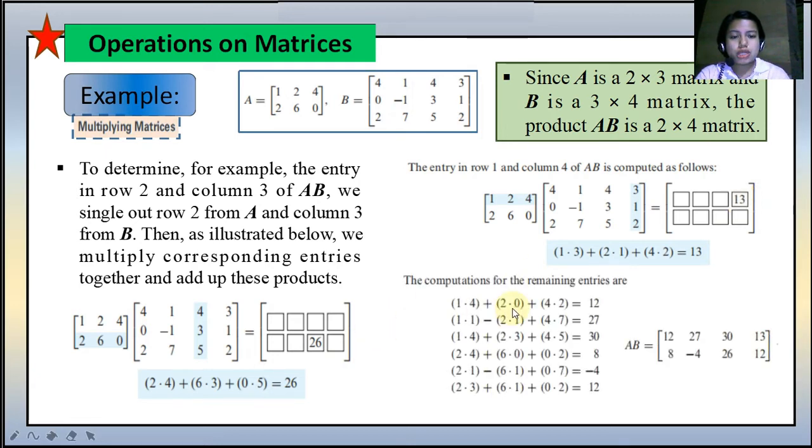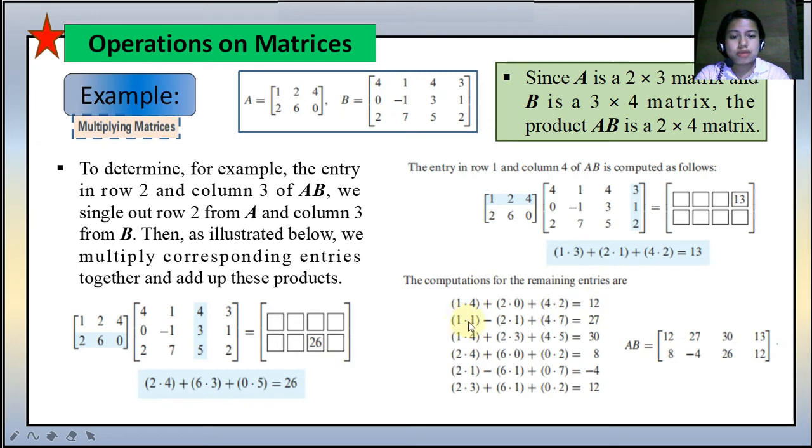And then the computations for the remaining entries. This is for row 1, column 1: 1 times 4 is 4, 2 times 0 is 0, 4 times 2 is 8, so 8 plus 4 is 12.